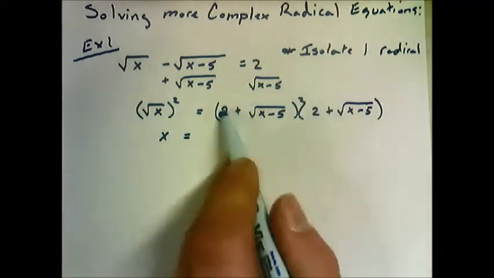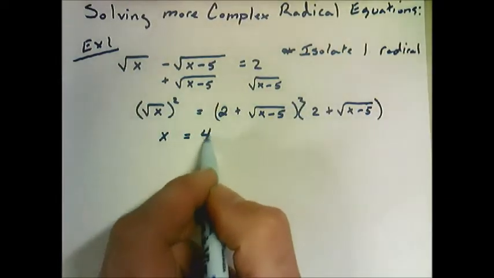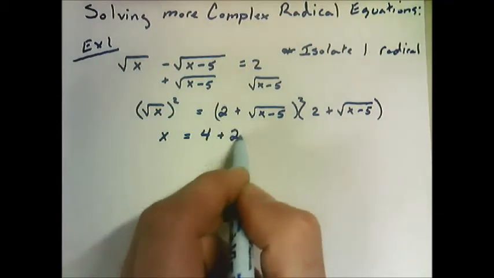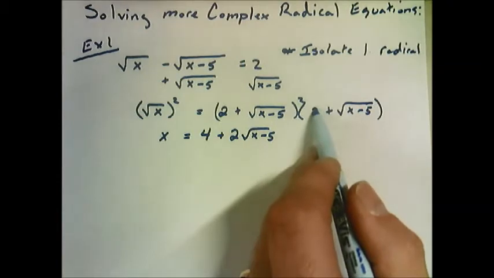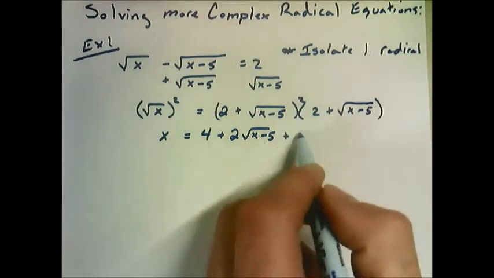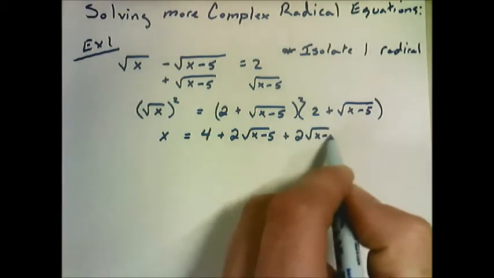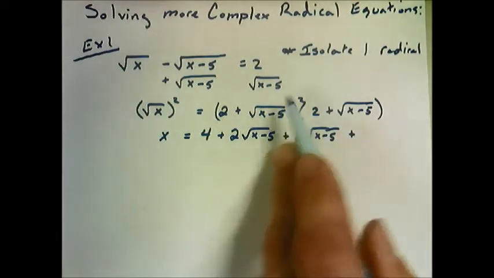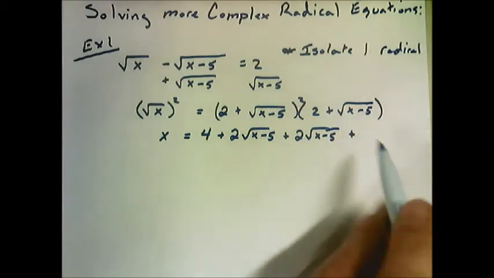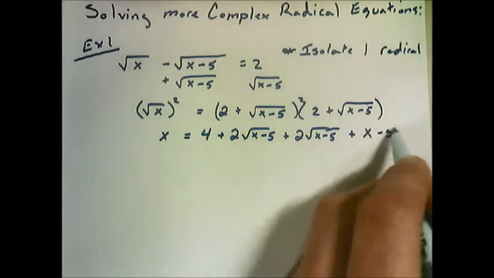So I'm going to distribute my 2, so I end up with 4 plus 2 square roots of x minus 5. I'm going to distribute my square root of x minus 5. So plus another 2 square roots of x minus 5, plus, if I take the square root of x minus 5 and multiply it to the square root of x minus 5, I end up with x minus 5.